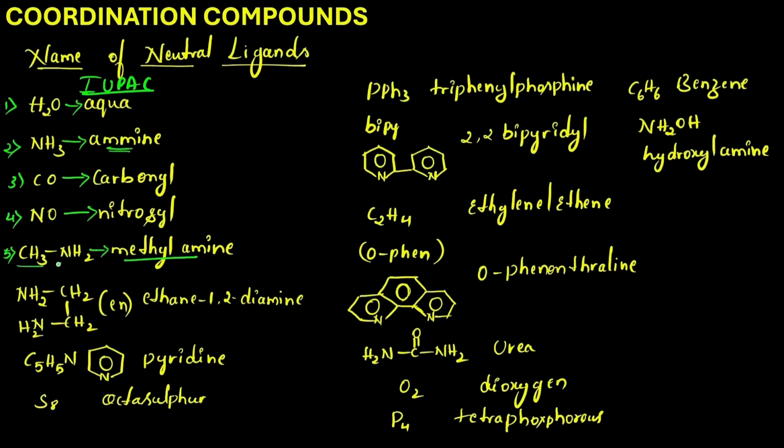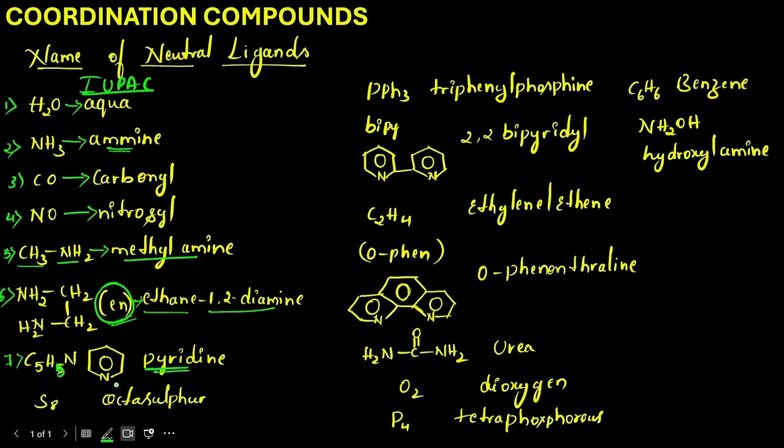Methylamine. Next one, NH2CH2CH2NH2, which is named as ethane-1,2-diamine, which can also be written by denoting en. En means ethane-1,2-diamine. Next, coming to C5H5N, that means pyridine.